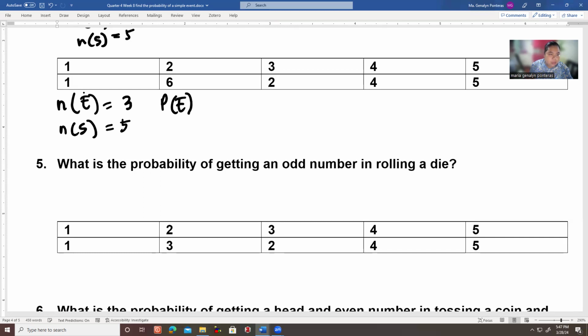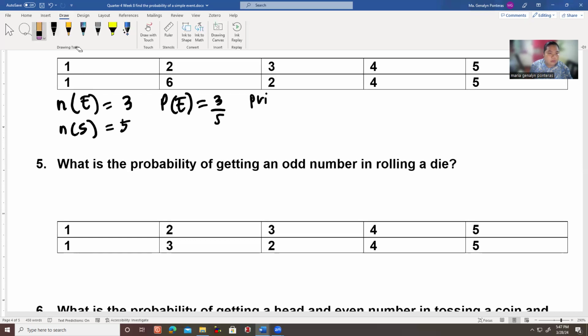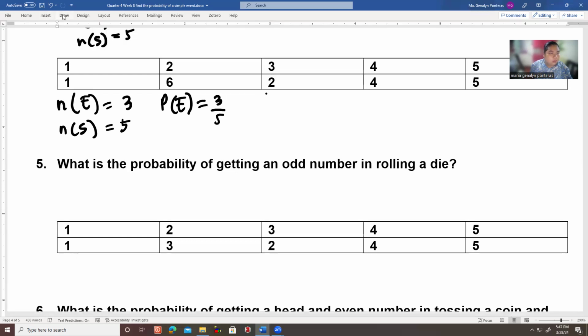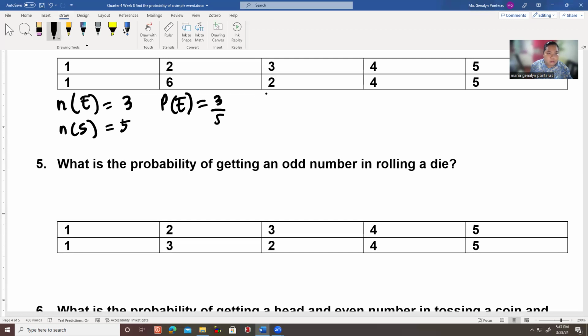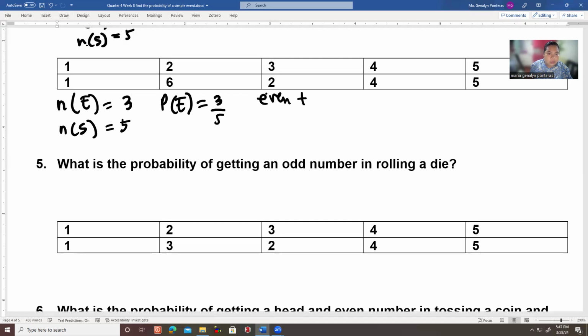So P of E is 3 over 5. So even plus non-even equals 1. So 3 over 5 plus 2 over 5 equals 1. 5 over 5 equals 1.